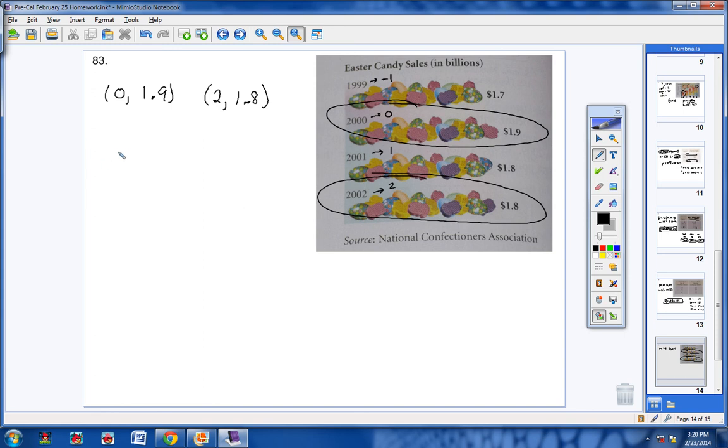Okay, so here we go. We know that we need our M, and we know that we need our y-intercept. So y minus y would be 1.9 minus 1.8, which would be 0.1. And then x minus x is 0 minus 2, and that's going to be a negative 2.